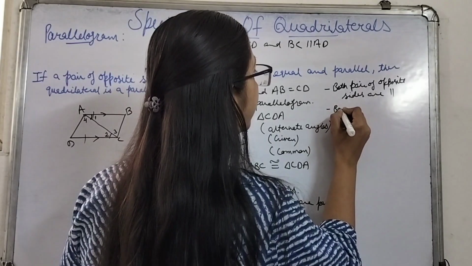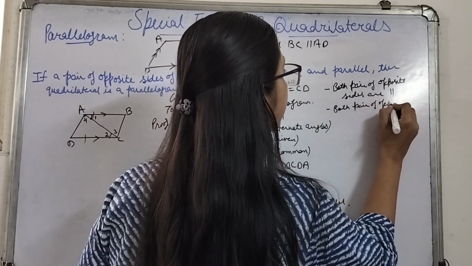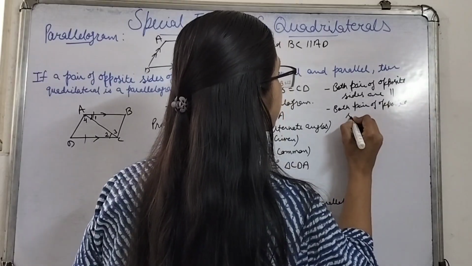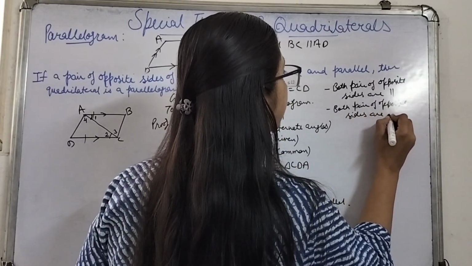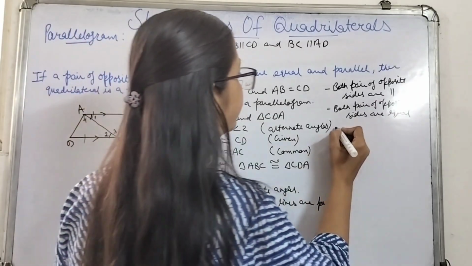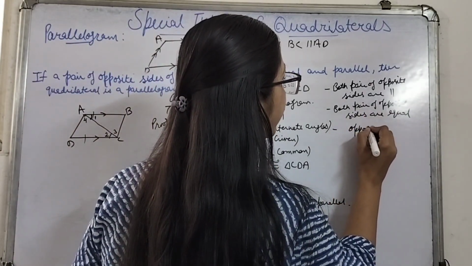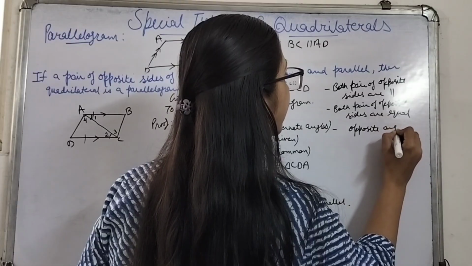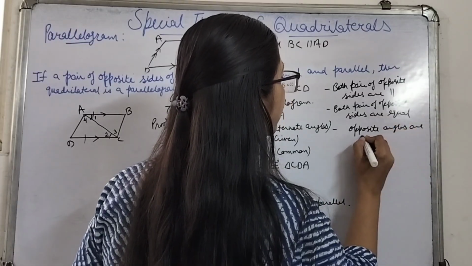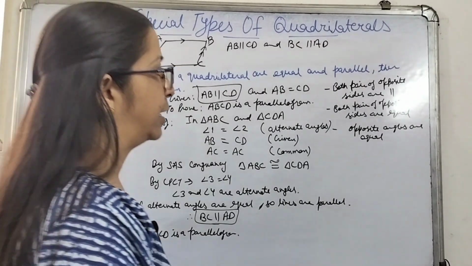If both pairs of opposite sides are equal, then also we can say it is a parallelogram. If both pairs of opposite angles are equal, then also we can say the given quadrilateral is a parallelogram.